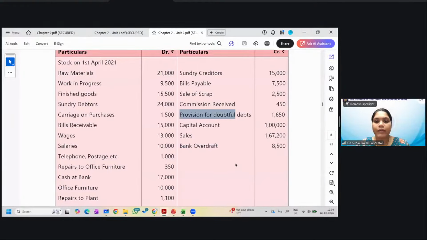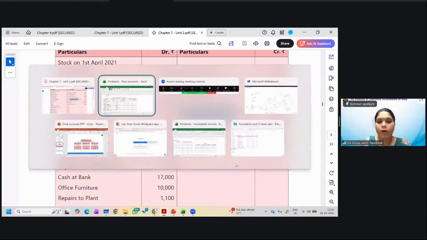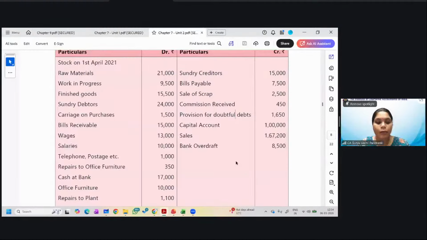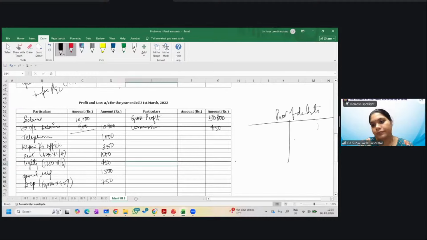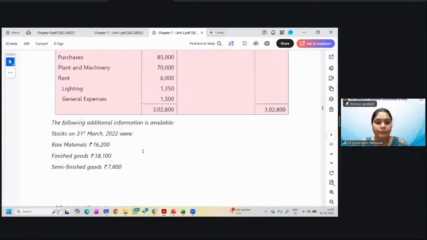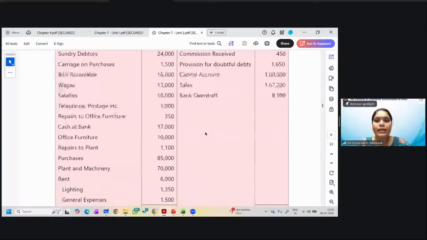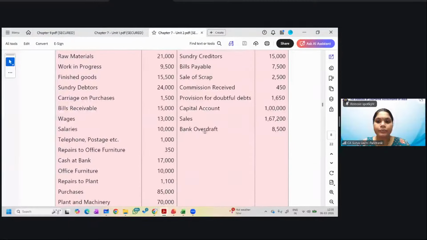So provision is something we will have to do. So for this, we will do a small account. Provision. Okay. Now, what is the balance you have? The balance in the account is 1,650. What should be the balance carried down? They told provision is 1% on sales. Calculate the provision value.